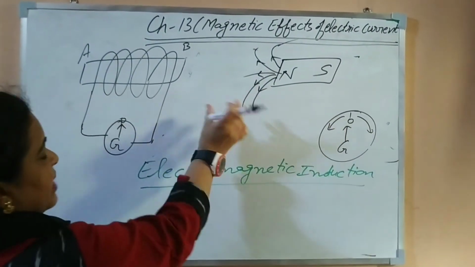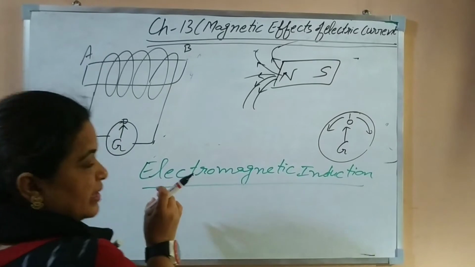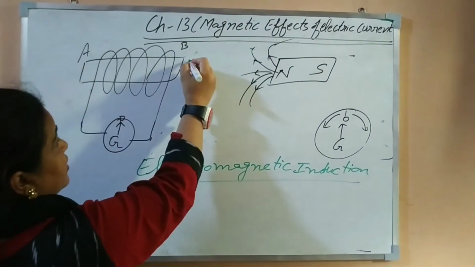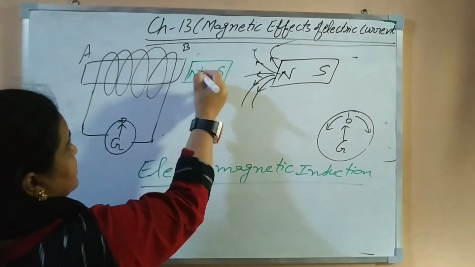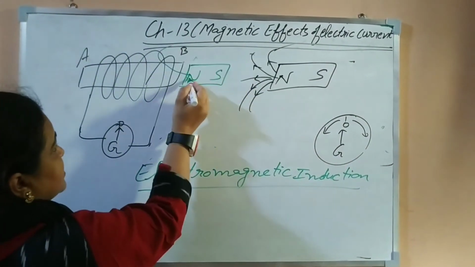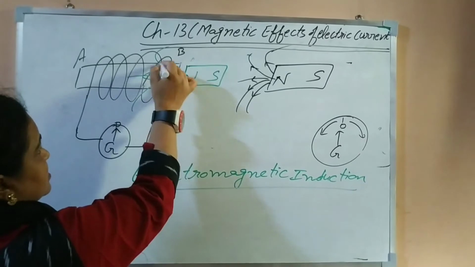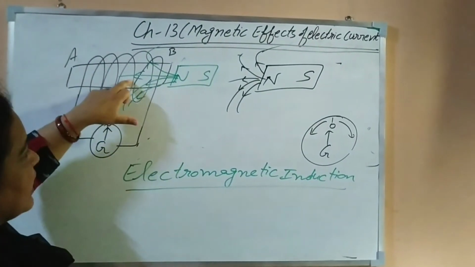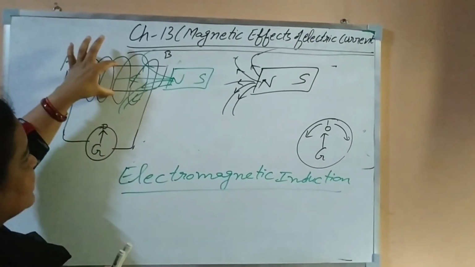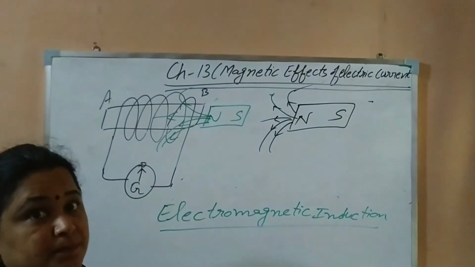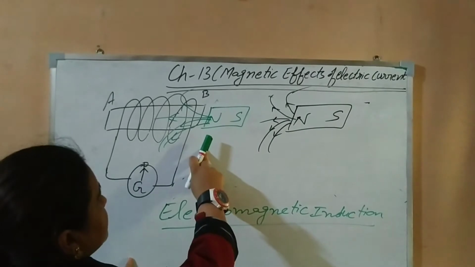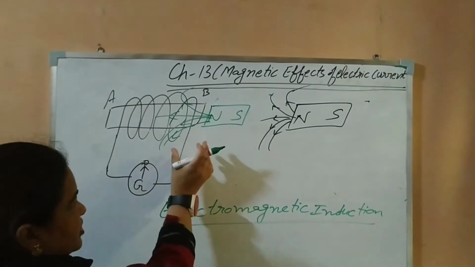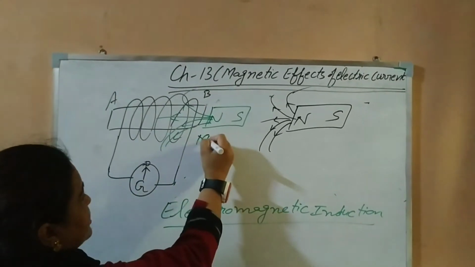When he brought this bar magnet in motion near this coil, the strength of the magnetic field inside this coil changed. It increases when the magnet is in motion inside it.